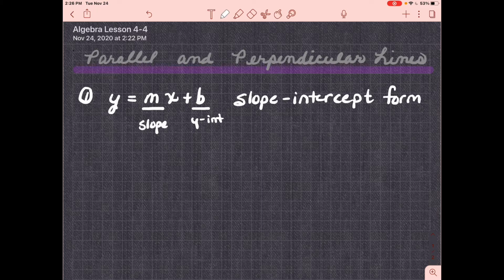So if you just look at an equation that's in this form, you should be able to tell me the slope and the y-intercept. So if I wrote an example of that, and I said, what is the slope of this line? You should be able to tell me that the slope is 3. And then I should be able to ask you what the y-intercept is, and you should tell me that that's 4.